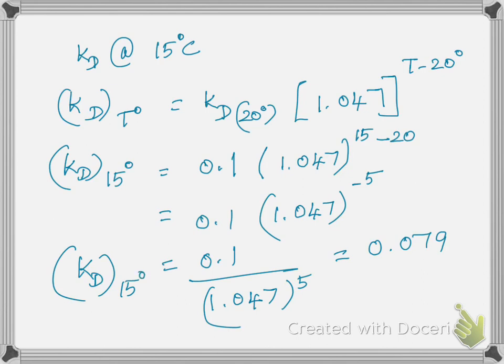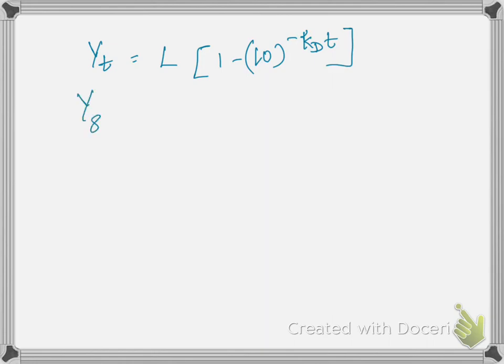Next we are going to determine our BOD 8 value. The same formula, which is YT is equal to L into 1 minus 10 power minus KD into T. Here BOD 8 means I have to write it as Y8.